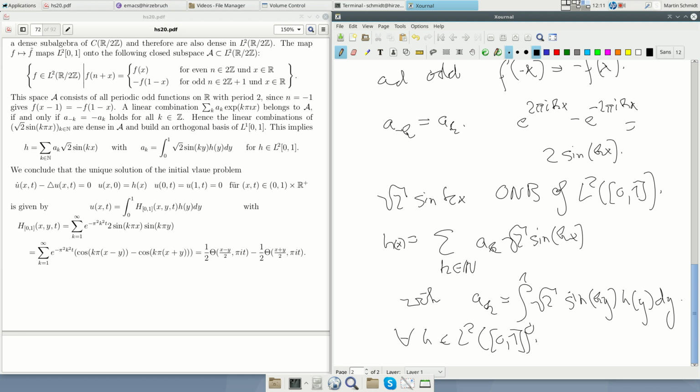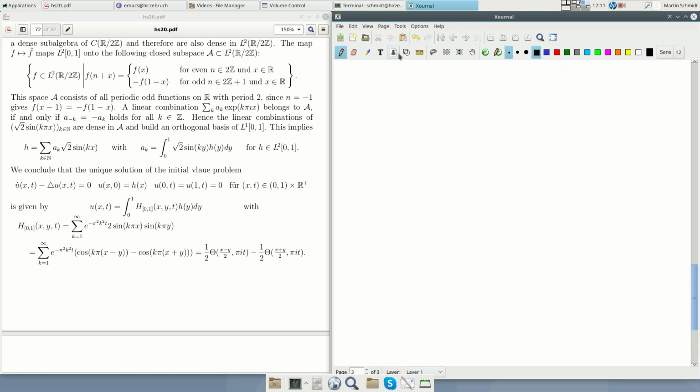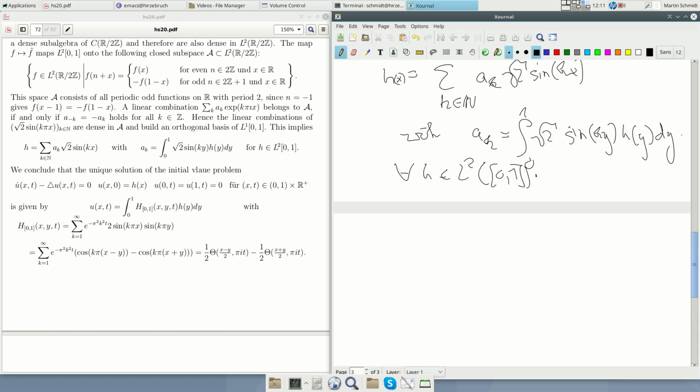And now we can write again the heat kernel. So what is now the heat kernel? Now we may write the solution, and this is the sum over k in the natural numbers. So here we get the product.